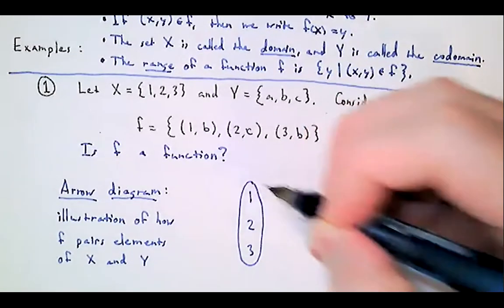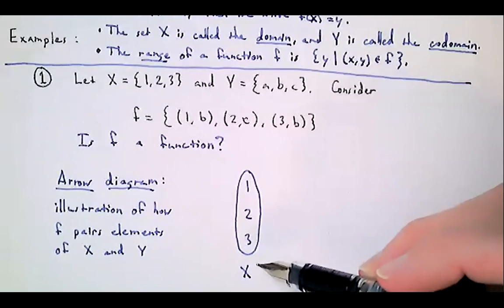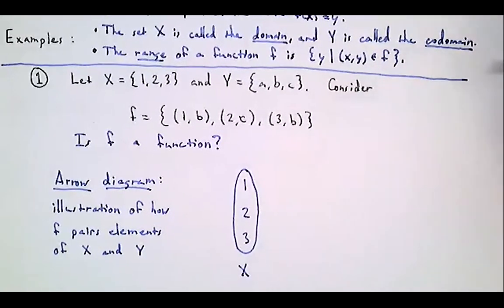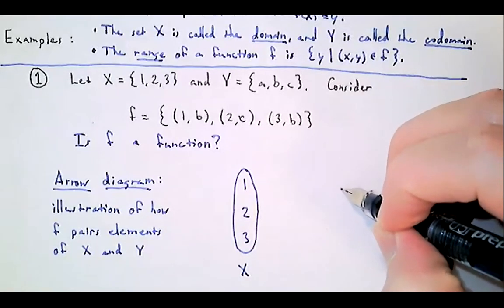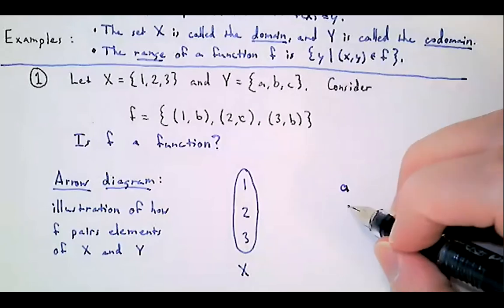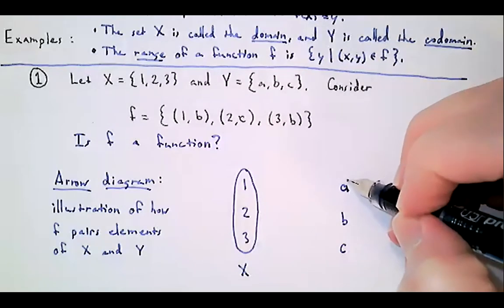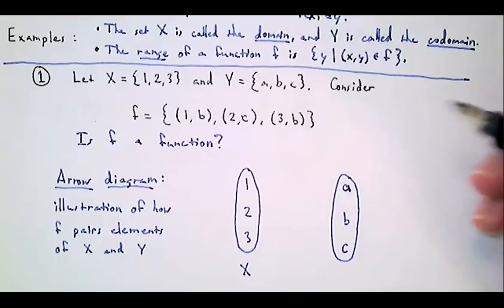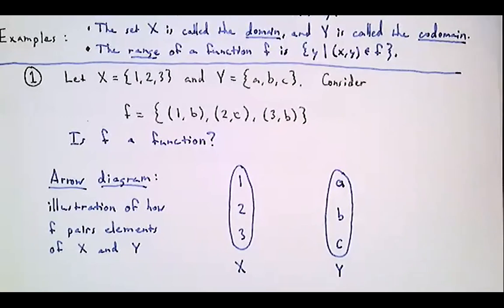And I'll put an oval shape around them just to show that they're together in the set X. And then I'm going to make another column with the elements of the set Y. Like this, and let's go ahead and label that like so.